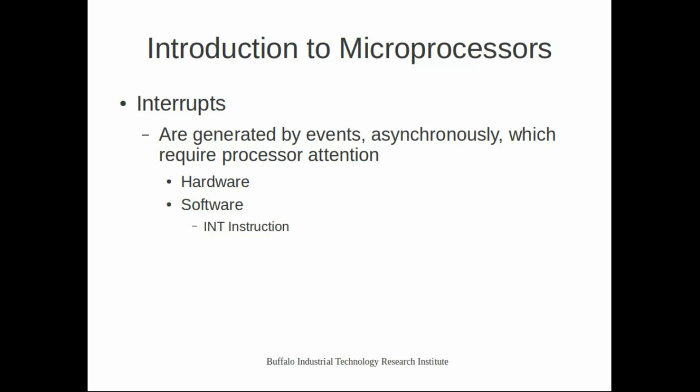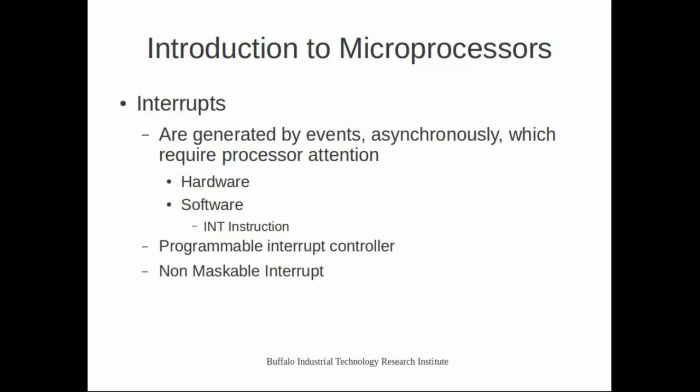These interrupts could be hardware interrupts, which are generated by devices, or software interrupts, which are triggered by the int instruction. A programmable interrupt controller generates the interrupt on behalf of the devices on the INTR line of the processor and puts a number based on which device requires processor attention. Interrupts could be non-maskable, which means they have to be serviced immediately.